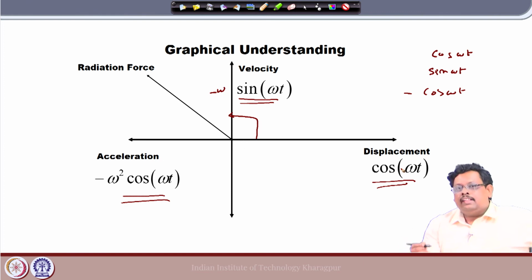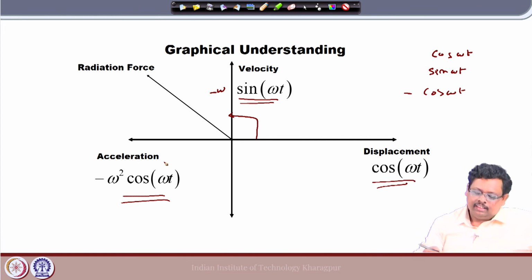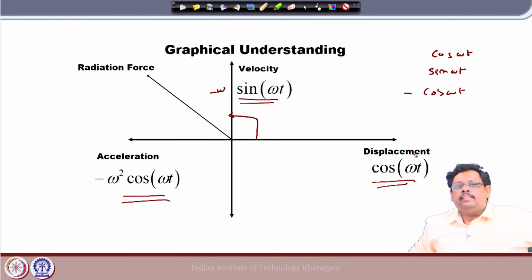So 90-degree phase lag means when the displacement is maximum, then velocity is 0. When the velocity is maximum, displacement is 0. When displacement is maximum, the acceleration is minimum. When the acceleration is maximum, the displacement is minimum.